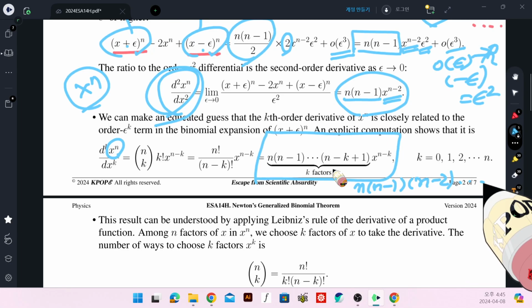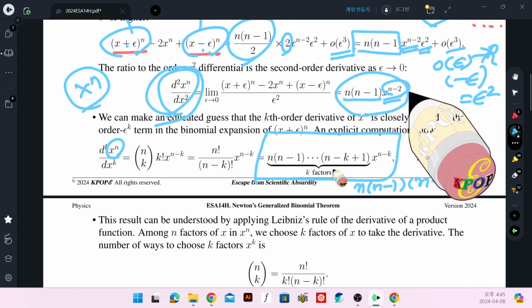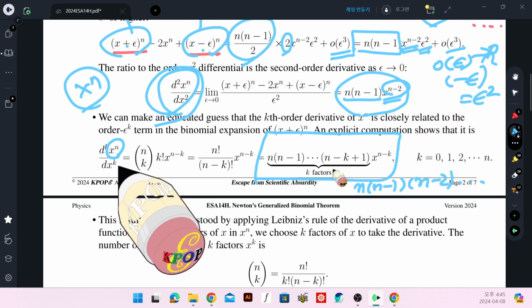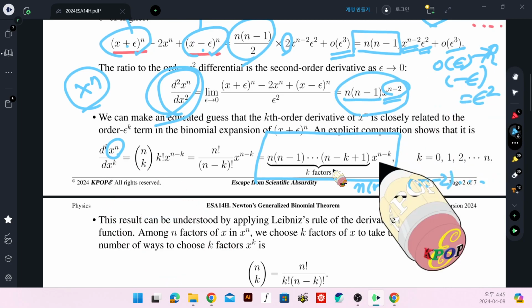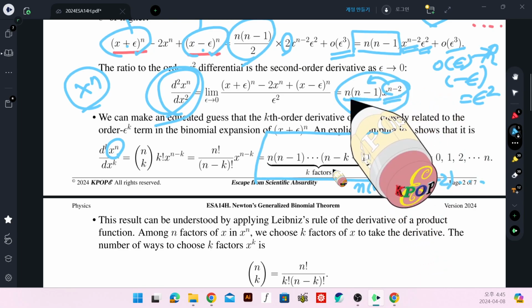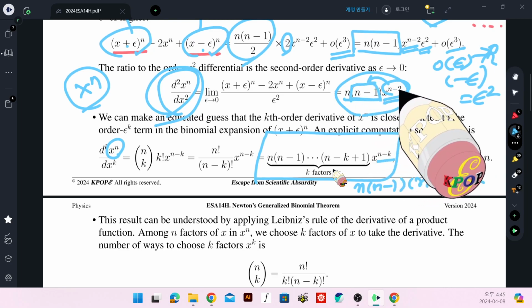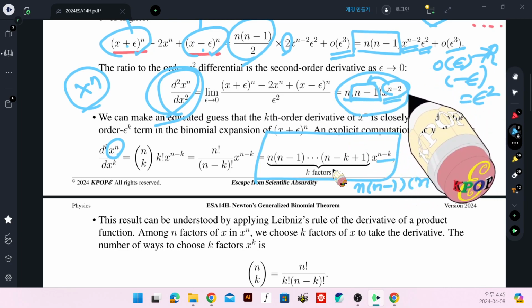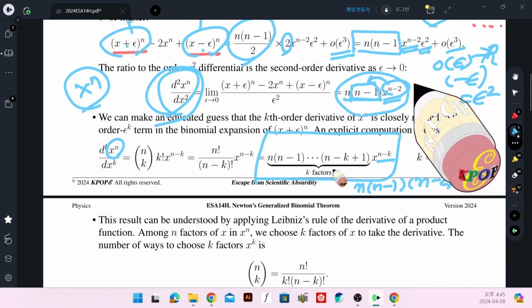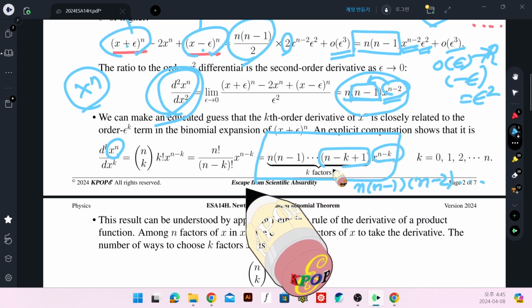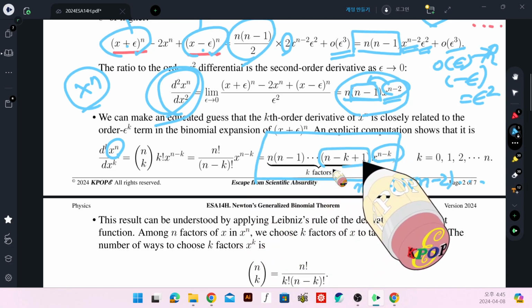And we remember we have a power n minus 2 after the second derivative. After the k-th derivative, we have a power n minus k. And we find this last factor, the smallest factor, has a plus 1 relation relative to the final power. So we have final power n minus k, and the smallest factor is n minus k plus 1.